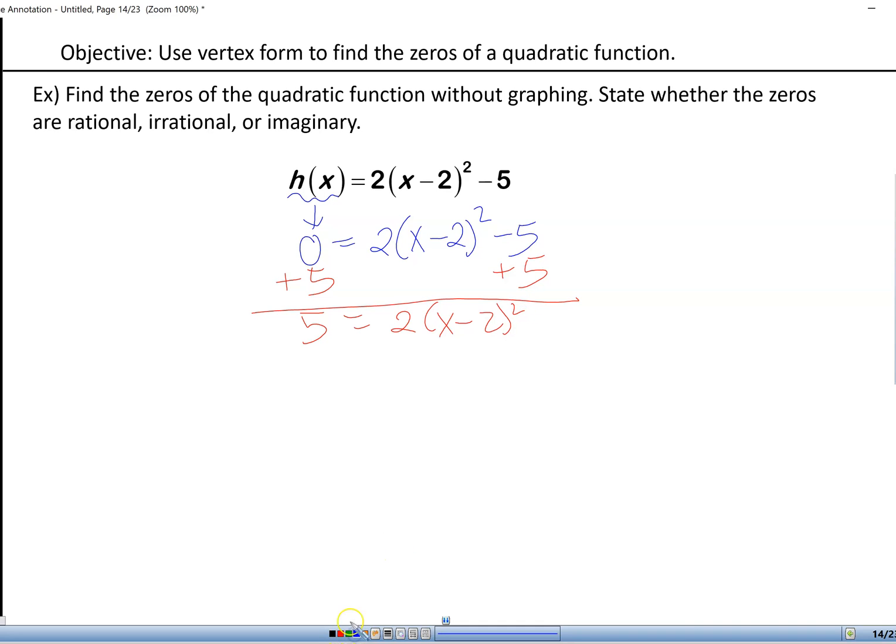Then we undo the multiplication outside the parentheses. 5/2. So here, remember, these are no calculator problems. So you are going to want to leave that as a fraction. Don't change it to a decimal of 2.5.